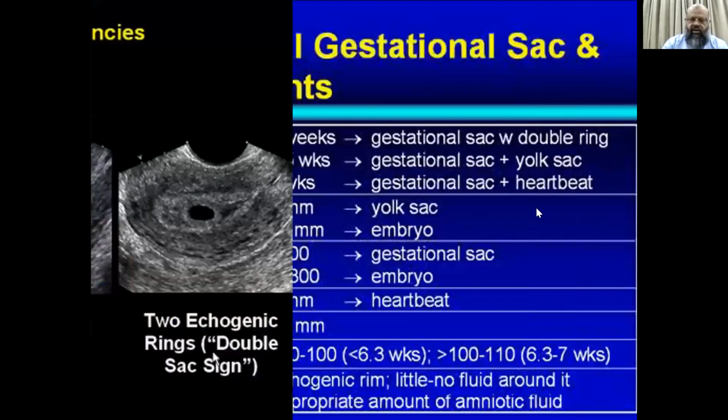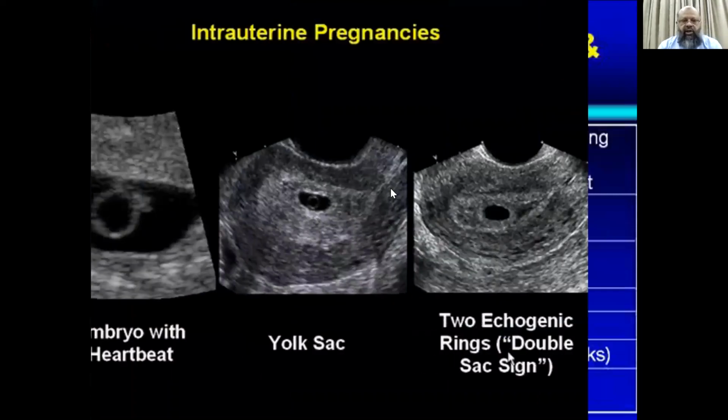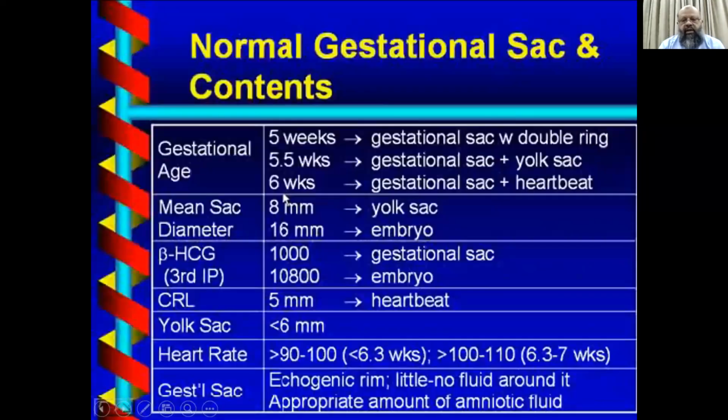It is a must at 5 weeks. If the gestational age is 5 weeks and 5 days, then the gestational sac along with the yolk sac must be present. We will look at the gestational age. If it is 6 weeks, there must be a gestational sac with heartbeat. So if the heartbeat is not present at 6 weeks, the suspicion starts.